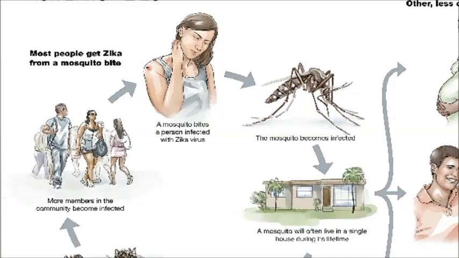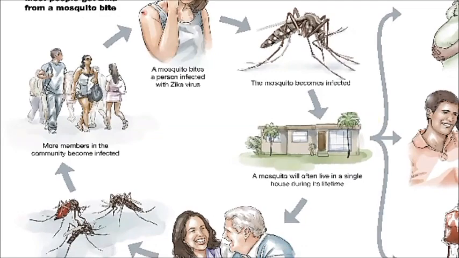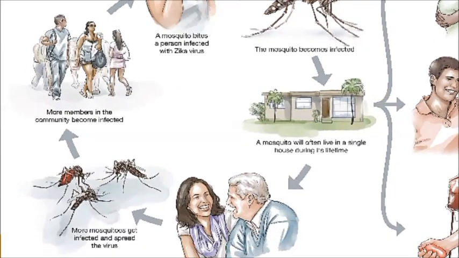The mosquito that bites that person will become infected too, and the mosquito will often live in a single house during its lifetime.